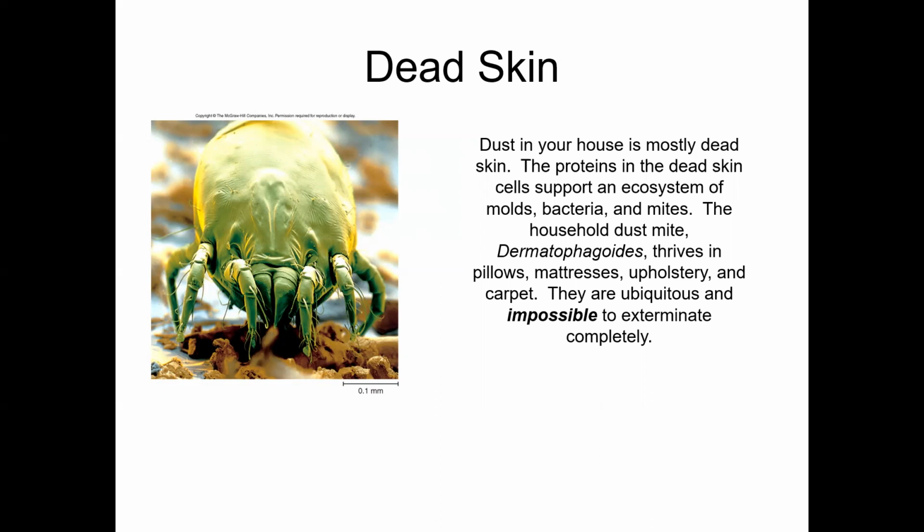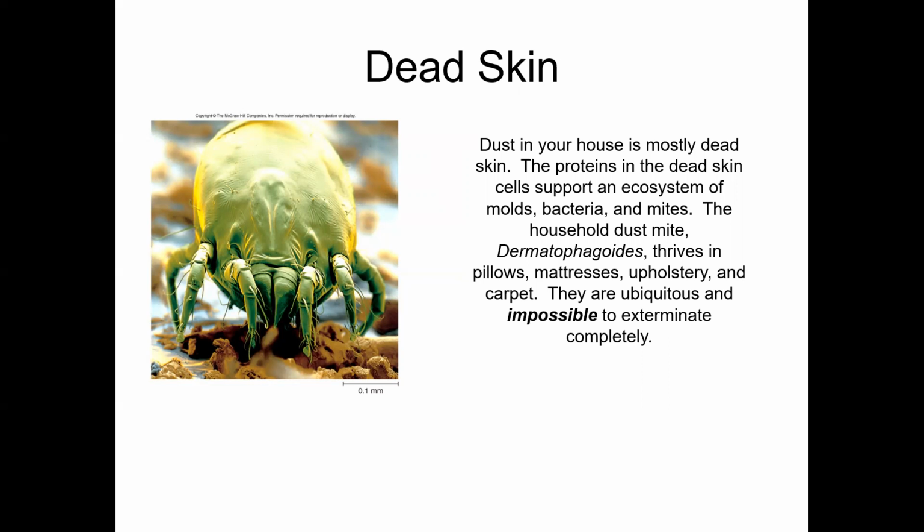So that's protein, right? It's keratin, and that makes it a nutrient for organisms, and it supports its own ecosystem. Bacteria and mites, this is the household dust mite, Dermatophagoides. It lives anywhere that you do, and it eats dead skin. Not enough that you don't have to dust, but still, these are rather ubiquitous little animals.